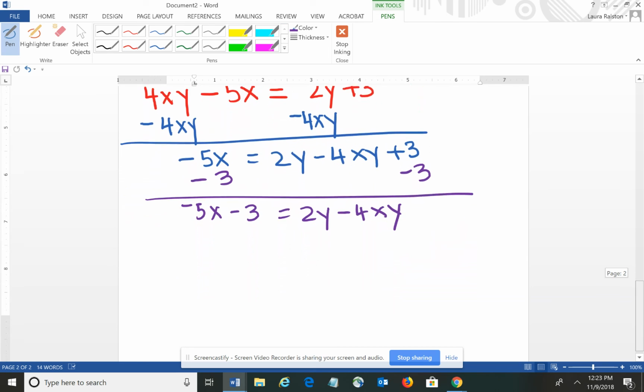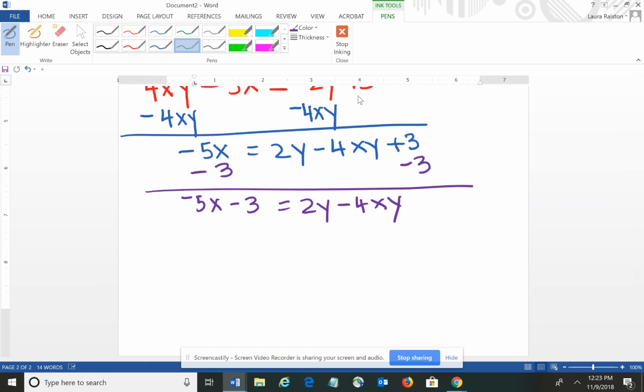On the right side, I notice that I have a common factor of y, so I'm going to factor it out. So I have negative 5x minus 3 equals y, and I'm left with 2 minus 4x. Sorry about that.